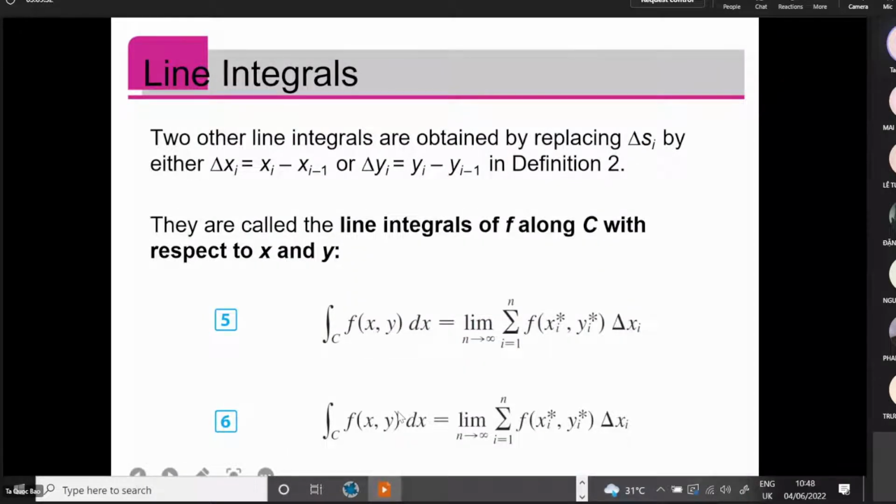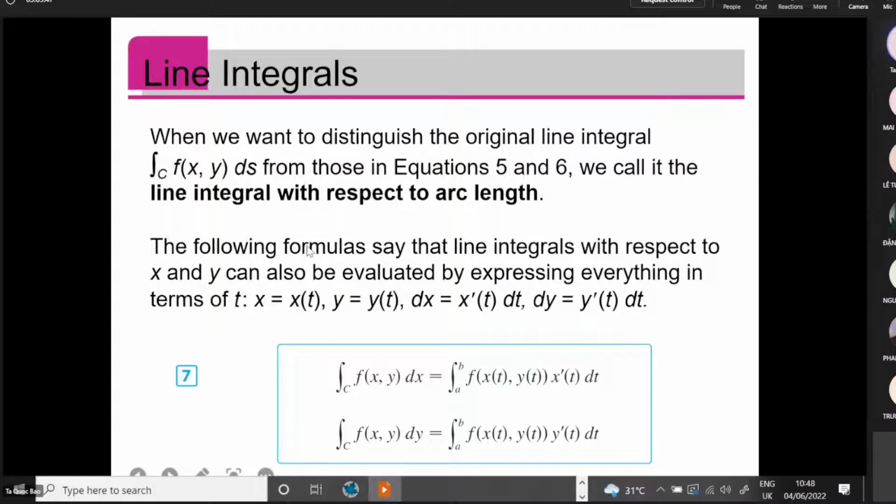Then we have a new definition in the case of integration of f along C with respect to x and y.